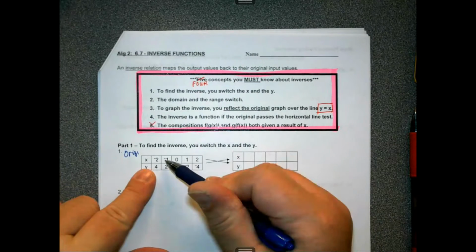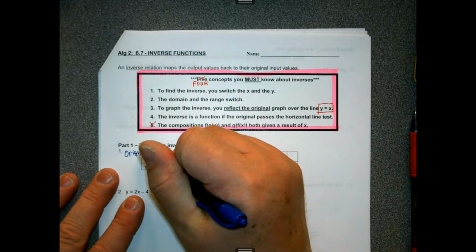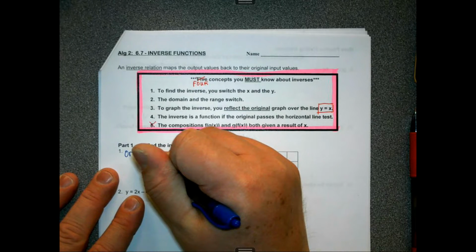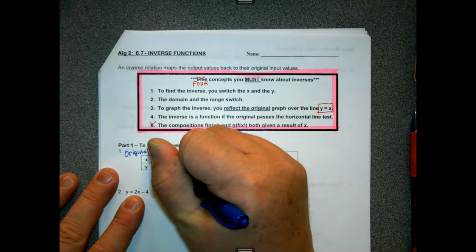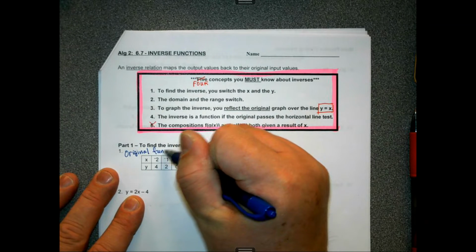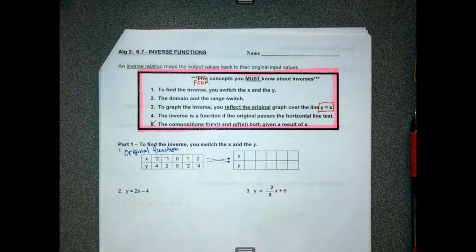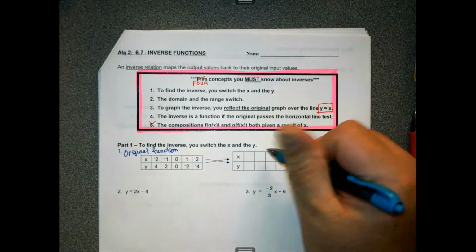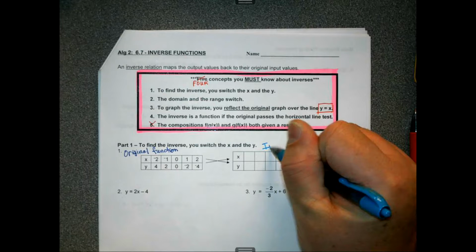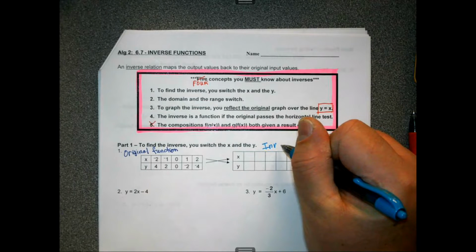That's the easiest way to tell if it's a function or not. So this is my original graph, which is a function. So I'll say original function. And this is going to be my inverse, and we'll have to see if it also is a function.